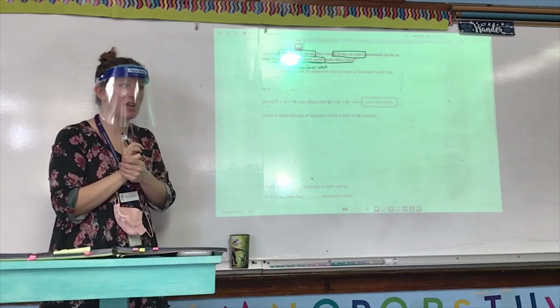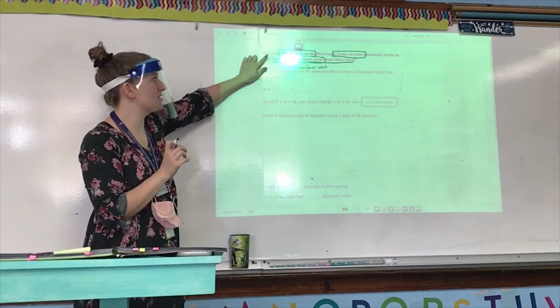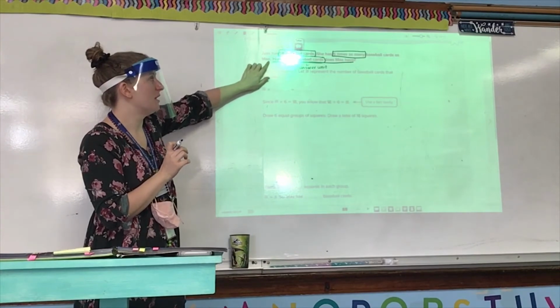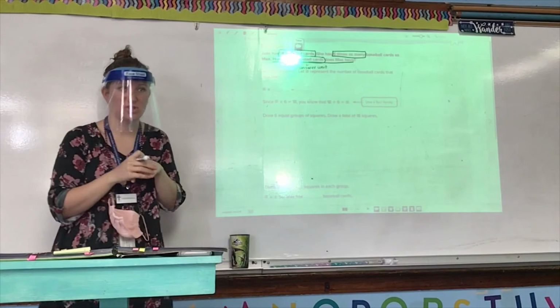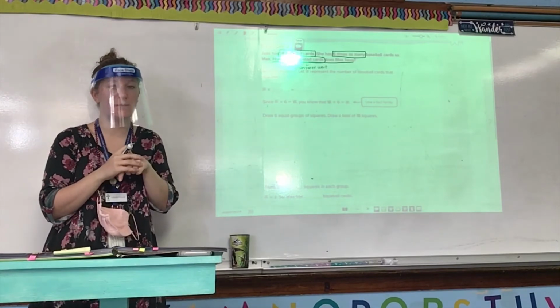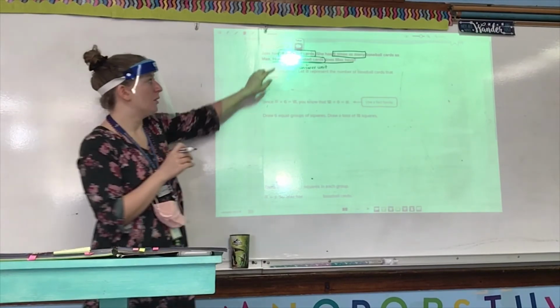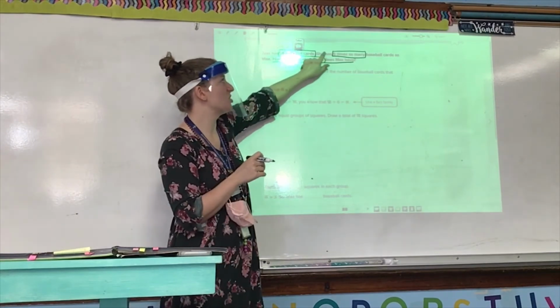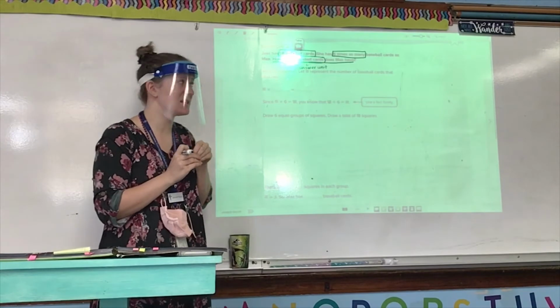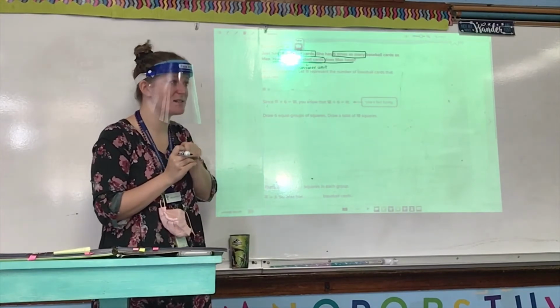Now I have to figure out, okay, is Max going to end up having a bigger or smaller number than Jess? Because that's going to tell me what operation I'm doing. Well, I know my question says Jess has 18 baseball cards. She has 6 times as many baseball cards as Max.